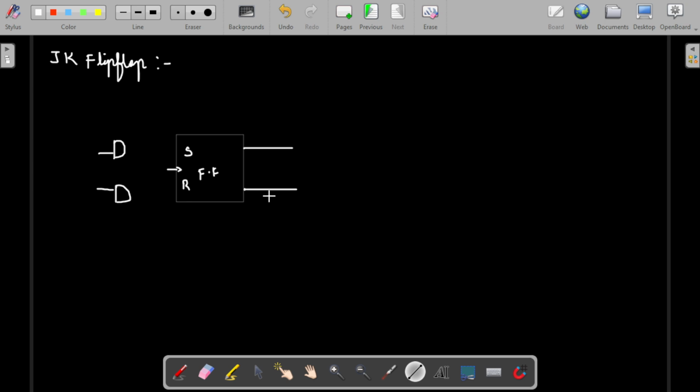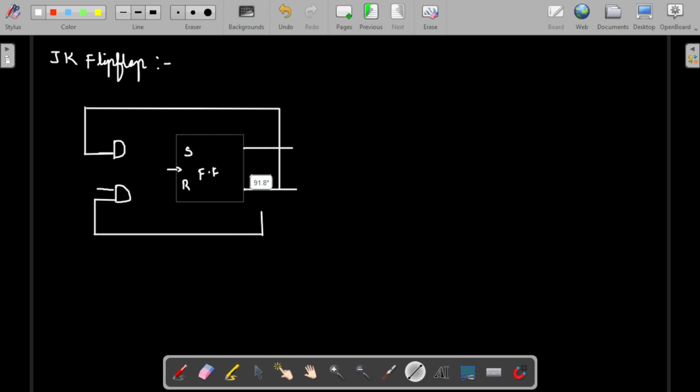Okay, so one output is taken from here and connected over here. So this is one thing. Another output, similar to that, is taken from here and connected to the above input.